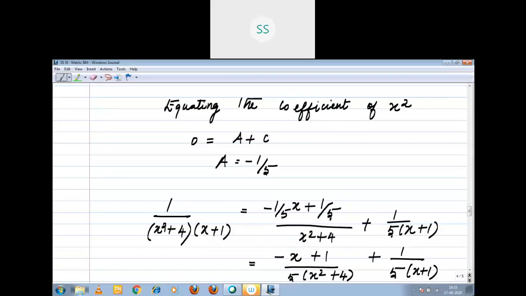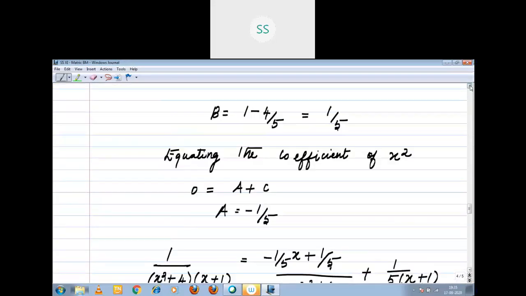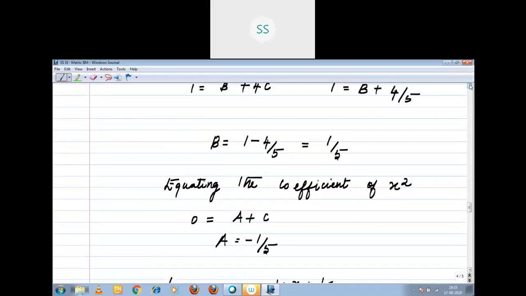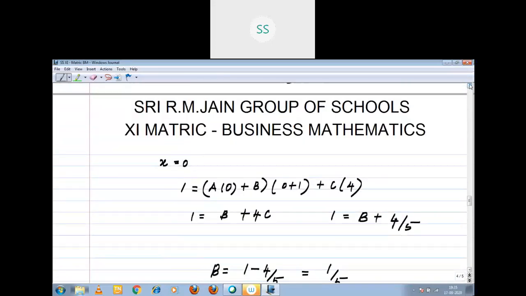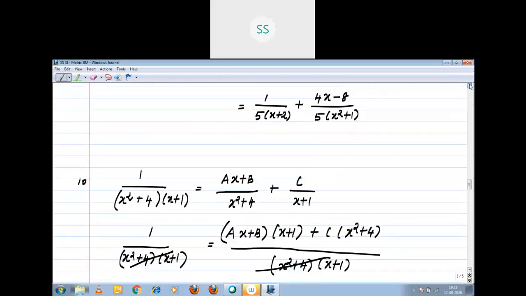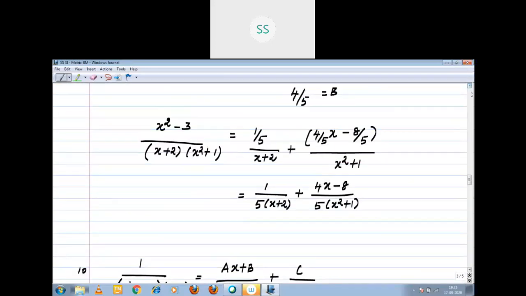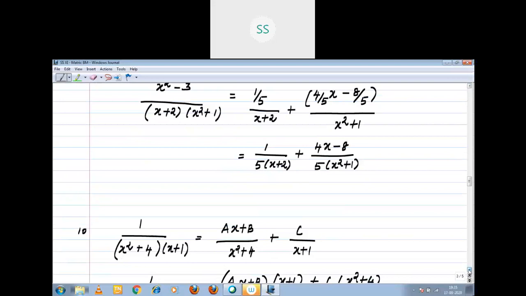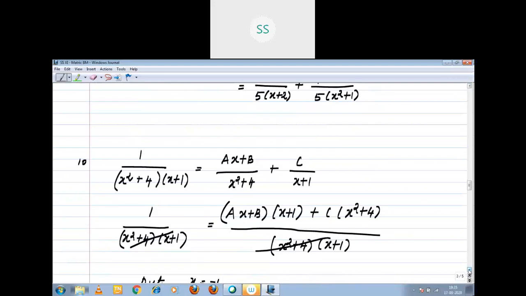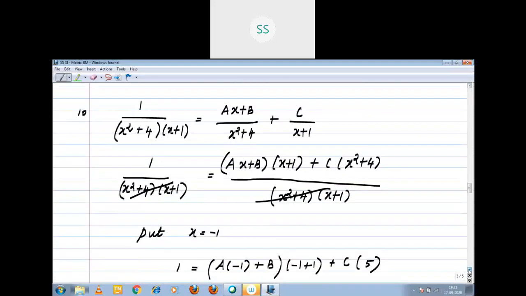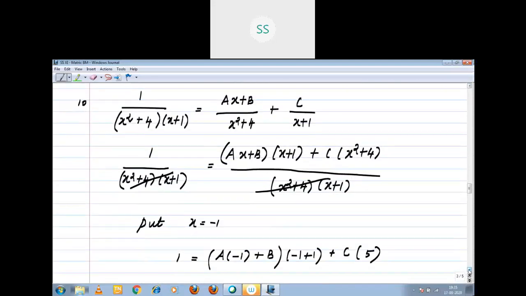Now I am going to explain again. You have to listen carefully, children. Here the denominator cannot be factorized, so I wrote it as (ax + b) divided by (x² + 4) plus c divided by (x + 1).